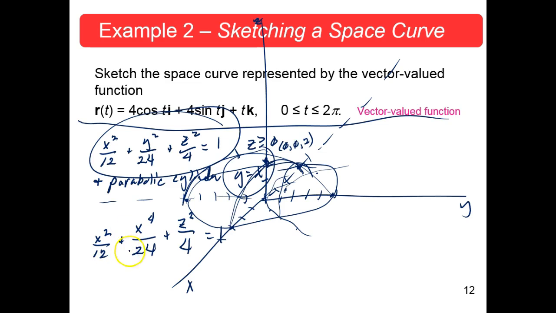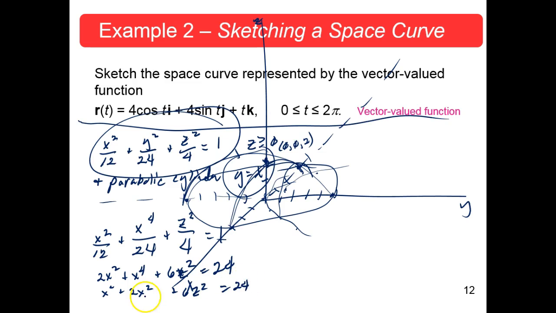Let's multiply everything by 24. So this will be 2x squared plus x to the fourth plus 6z squared is equal to 24. Okay? Now, let's complete the square of this one. This will be x to the fourth plus 2x squared plus 6z squared equal 24.